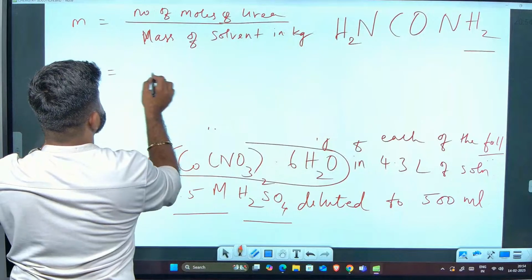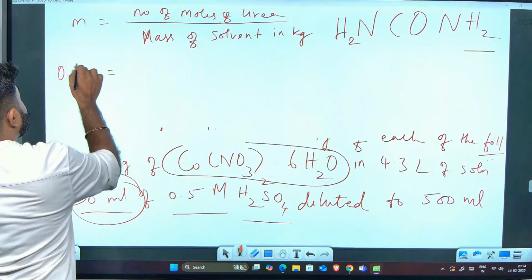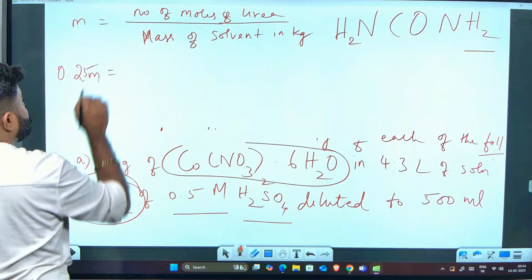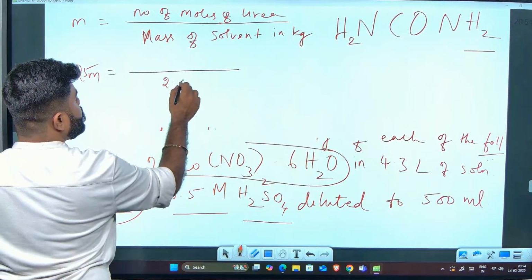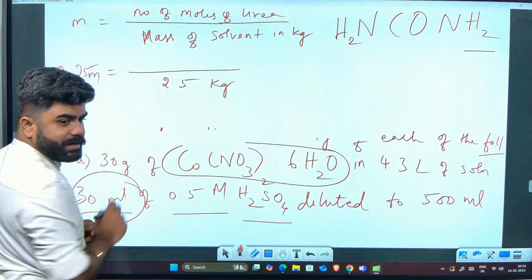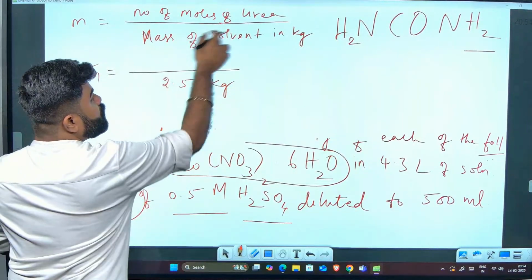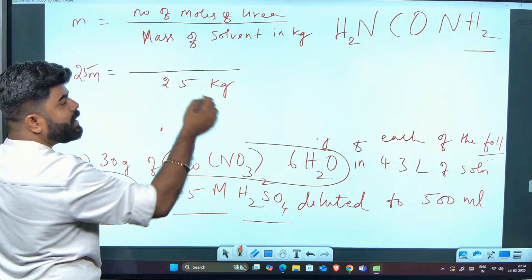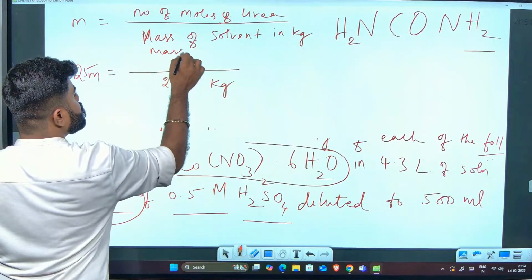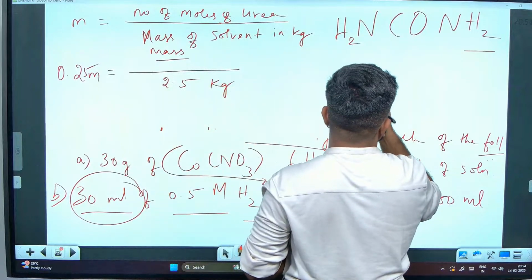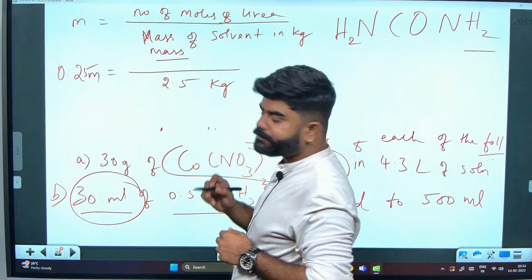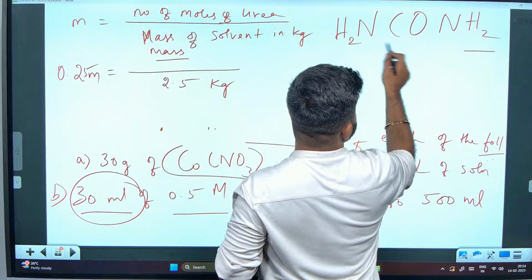So you have to substitute. Molality is 0.25 molal. Correct? Mass of solvent is 2.5 kg. Number of moles we will write as given mass by molar mass. What is the molar mass of urea? Find it out. Is it 60?